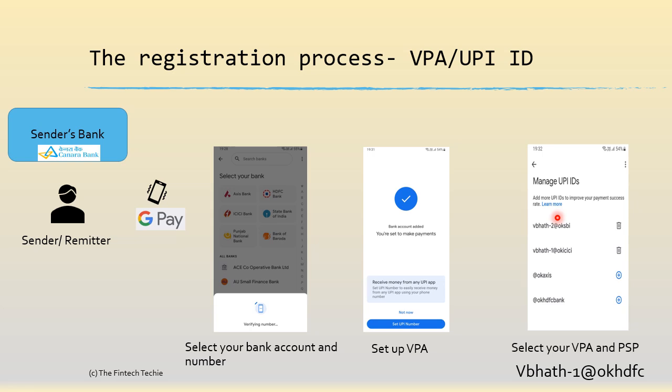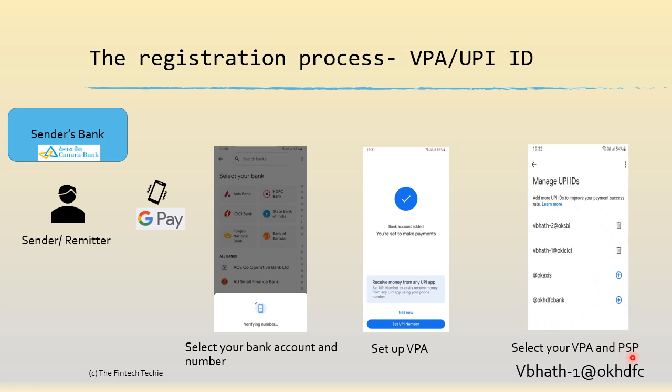Now, why does GPay as a TPAP have to hook up with these? Because GPay is a third-party application provider and does not have a payments license to hook up to NPCI servers. So it has to go through an intermediary, one of these four banks which they have partnered with. And these banks are known as PSPs or payment service providers.